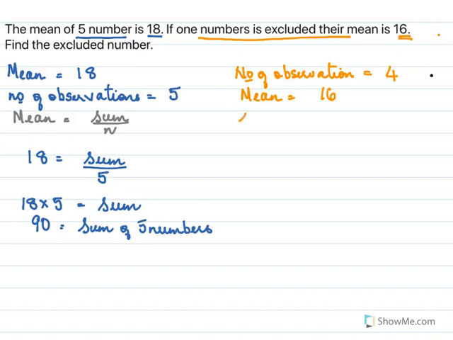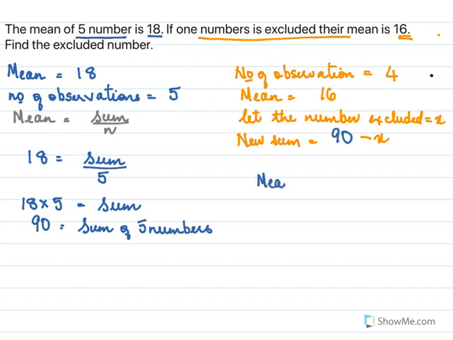So let the number excluded be x. So the new sum will be the old sum, that is 90, and one number is removed, x is removed, minus x.